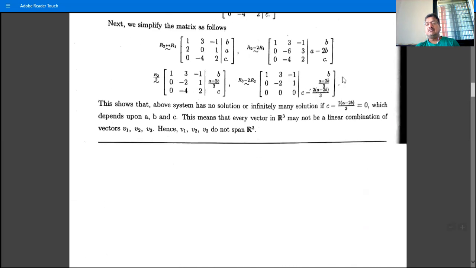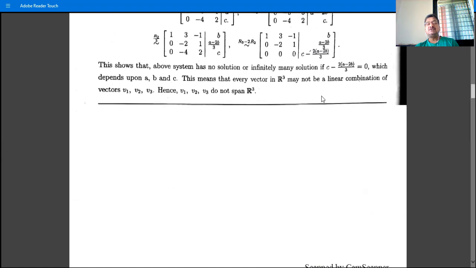But this quantity is not equal to 0 for every ABC, and therefore some elements of R3 may be expressed as a linear combination of V1, V2, V3, but not every element of R3 is expressible as a linear combination of V1, V2, V3. So this shows that the above system has no solution or infinitely many solutions. Infinitely many solutions if this is equal to 0, which depends on ABC.